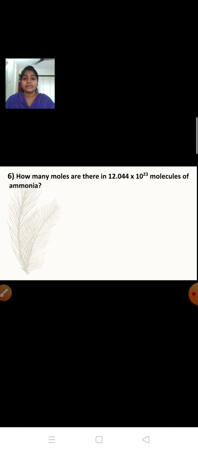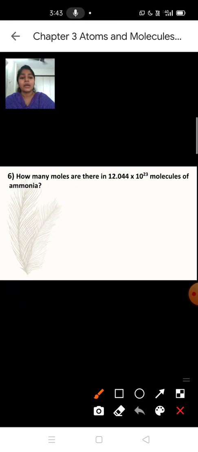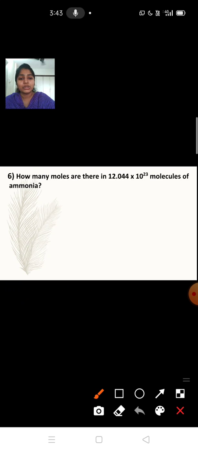Let's do the next one, that is the sixth one. Let us read the question. How many moles are there in 12.044 into 10 raised to 23 molecules of ammonia? So over here what is given? 12.044 into 10 raised to 23 molecules.